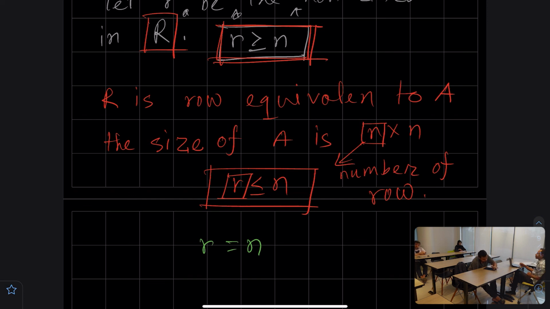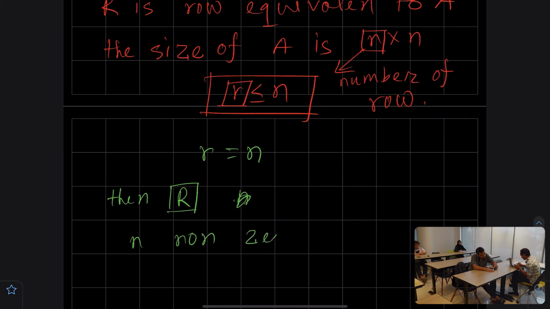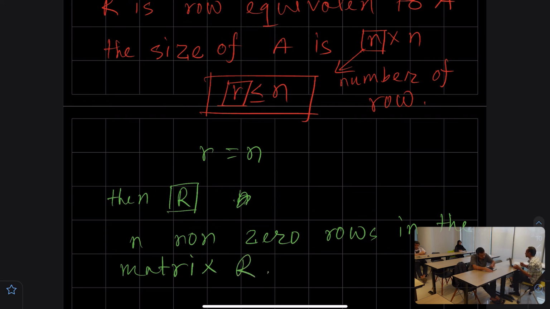So there are n non-zero rows in the matrix R, so this is an identity matrix. Is that clear? R is an identity matrix.